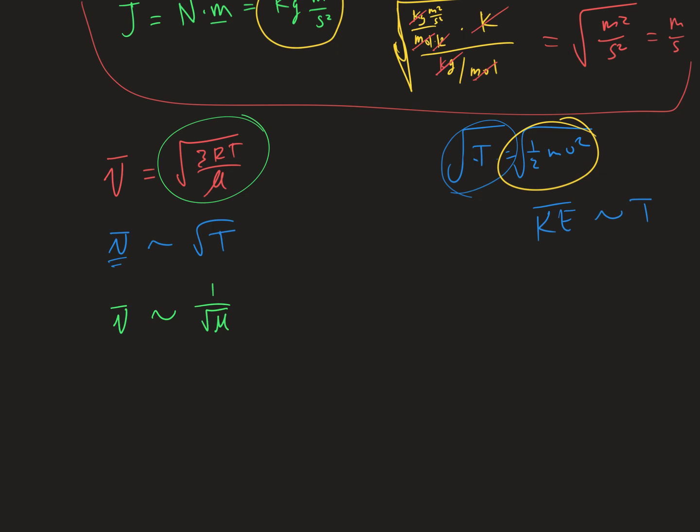So for example, if we have helium and hydrogen gas, which one's going to go faster typically? Hydrogen, because it has a smaller mass. Smaller molar mass means it's going to go faster. Does that make sense in your mind?